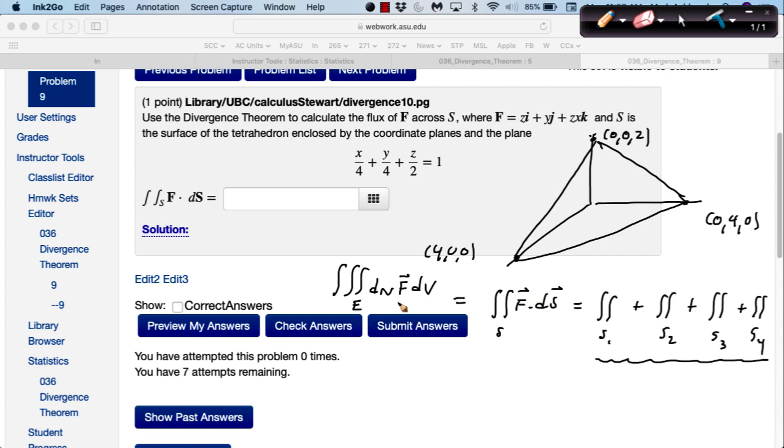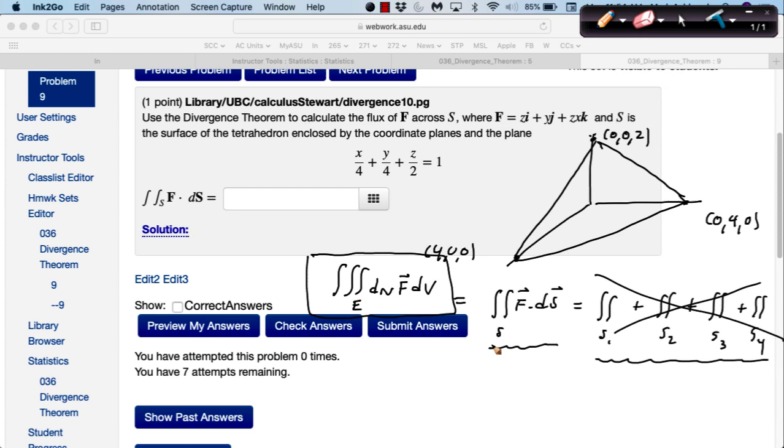So using the divergence theorem would mean calculating this triple integral, and by the divergence theorem it's equal to the flux integral that they asked for, the flux through that closed surface. Calculating this using the divergence theorem is not doing it this way. Using the divergence theorem says, oh, that's equal to this, so I'm going to calculate this instead.